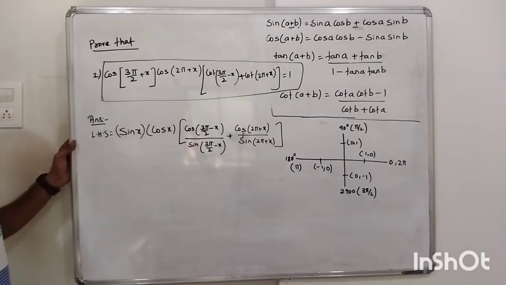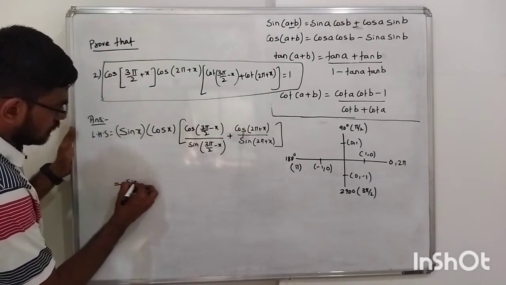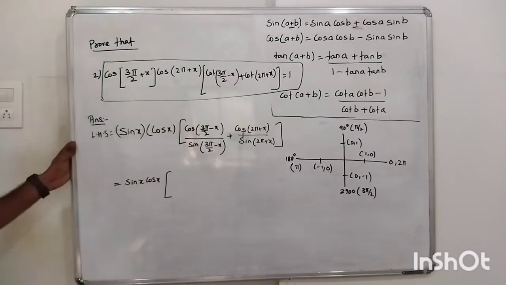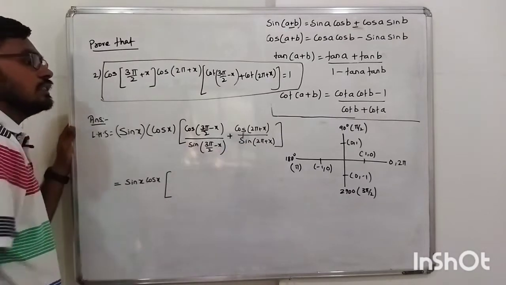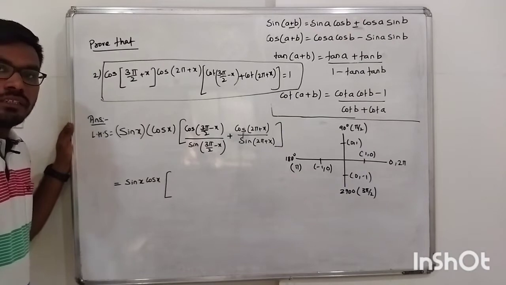And again cos 2 pi plus x is same as, so sin x cos x. You already found cos 2 pi plus x is same as cos x. Even sin 2 pi plus x will be same as sin x. Okay, why it is?